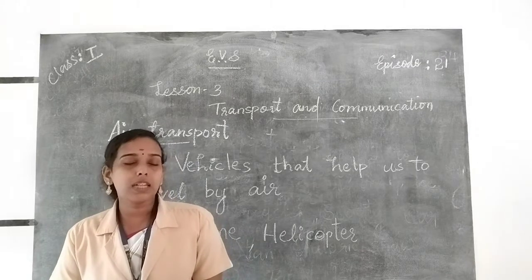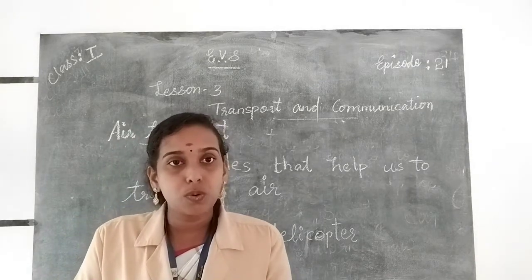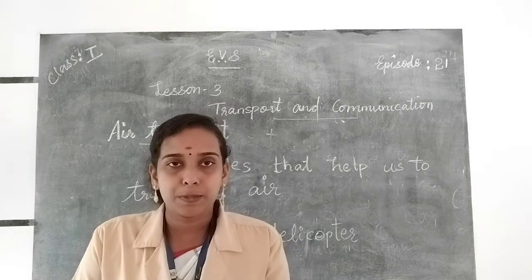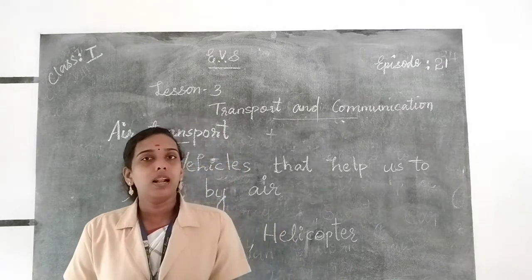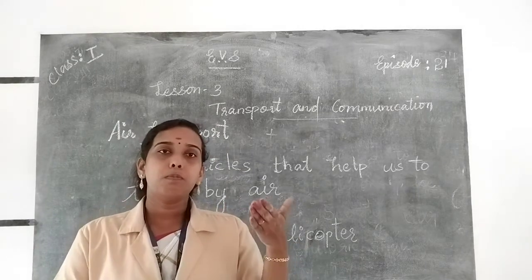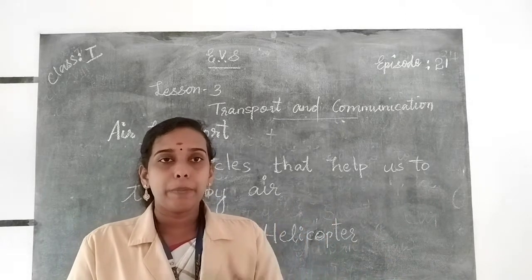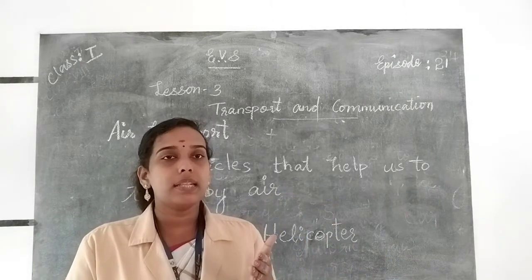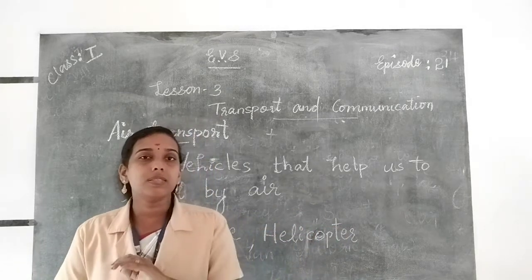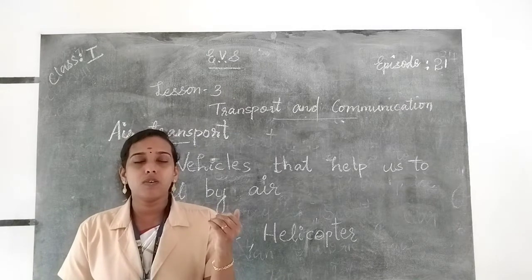So land transport means the vehicles that help us to travel on land are called land transport. Example, bus, car, scooty, motorcycle, bicycle, train, metro train, monorails and ambulance, police van, etc. So these all are means of land transport because they are found on roads.